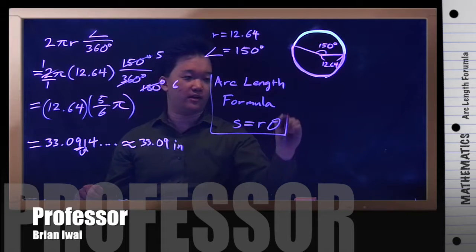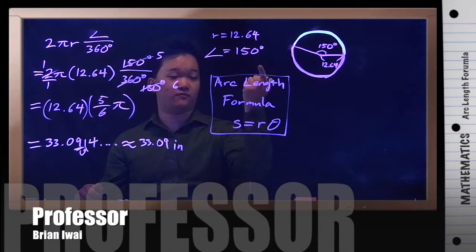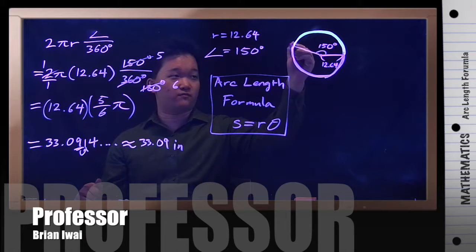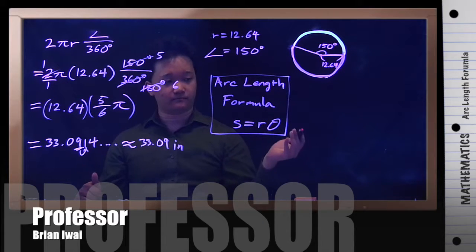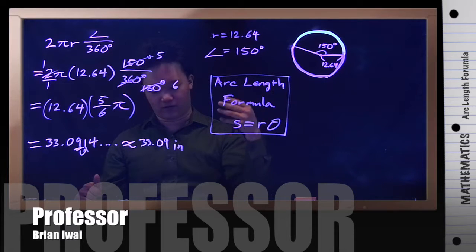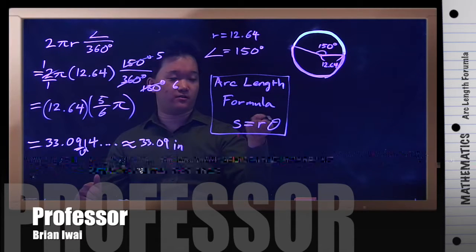So this is a really handy equation to know because as long as you know the radius, which we do, it's 12.64, and if we know the angle in radians, you can solve for S, which is referring to the arc length. Now, this is a little tricky because we're not given the angle in radians, we're given it in degrees. But if we know how to convert 150 degrees to radians, we can use this formula.